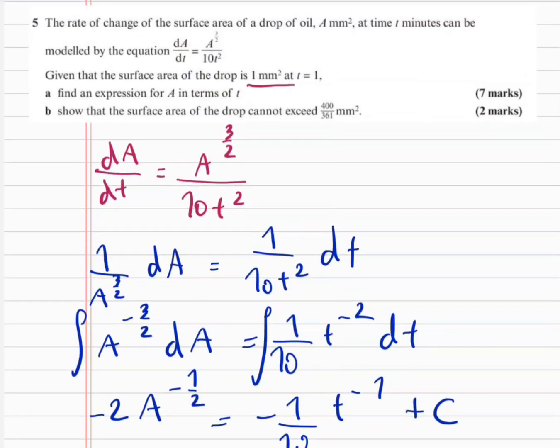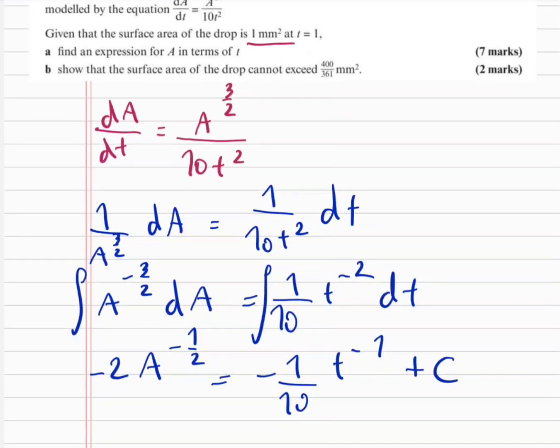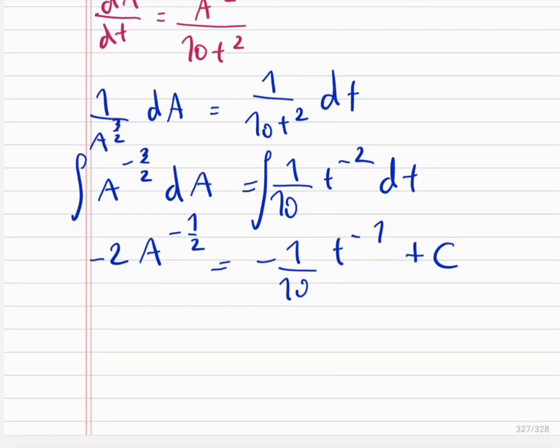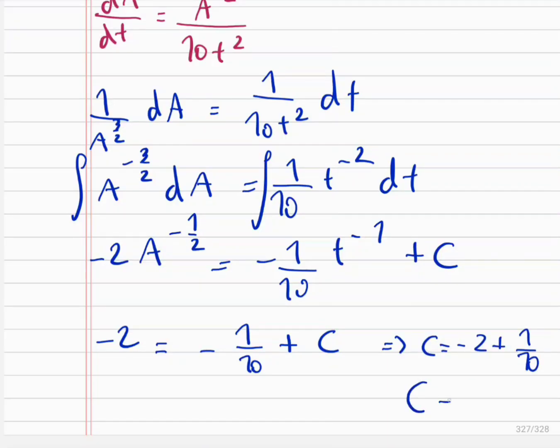So we can substitute t is equal to 1, and then when t is equal to 1, A is just equal to 1. So basically we'll have minus 2 times 1 to the power of minus half, which is just minus 2, and then here minus 1 over 10 times 1, which is minus 1 over 10 plus c. So c is equal to minus 2 plus 1 over 10, which is minus 19 over 10.